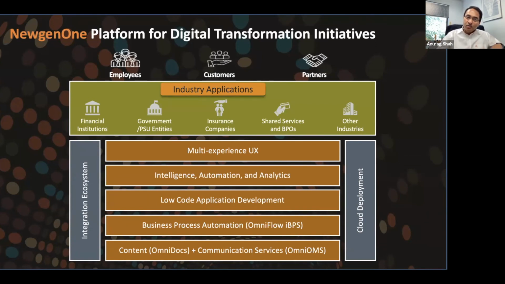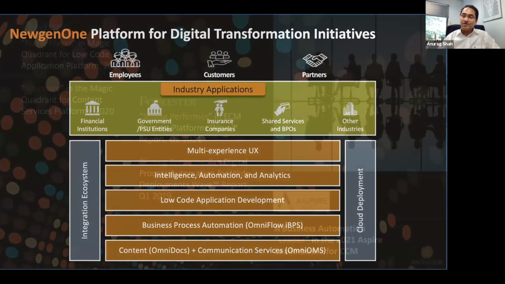How can you bring all of the core systems, the underlying business applications, the external peripheral ancillary systems, how can you integrate all of those into the ecosystem? And the enterprises are moving from on-prem to cloud. So to be able to do all of these things seamlessly onto the cloud.